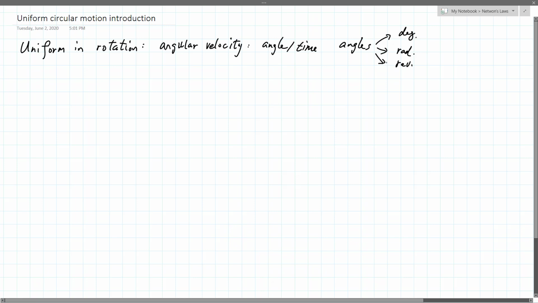Radians per second is used in science and engineering very often. And degrees per second is easy to understand because most people learn degrees in grade school. But degrees per second has some disadvantages, which I explained in a video about what a radian is and how we use it. What's the advantage of using a radian?